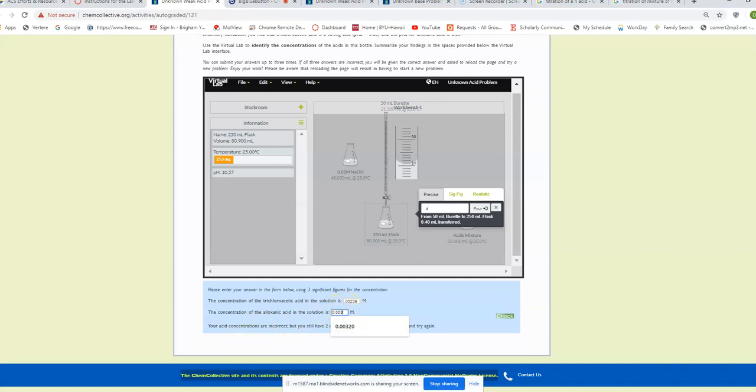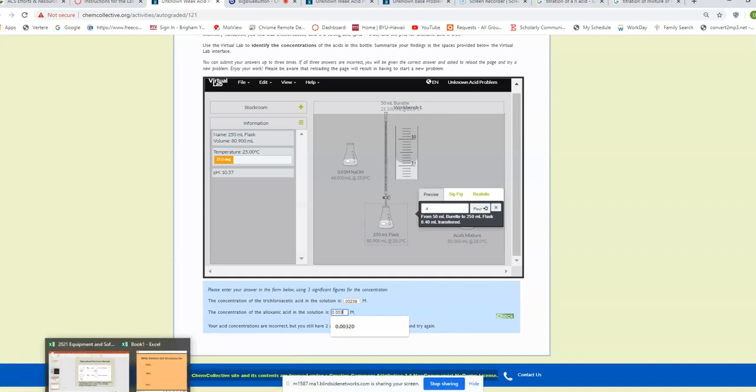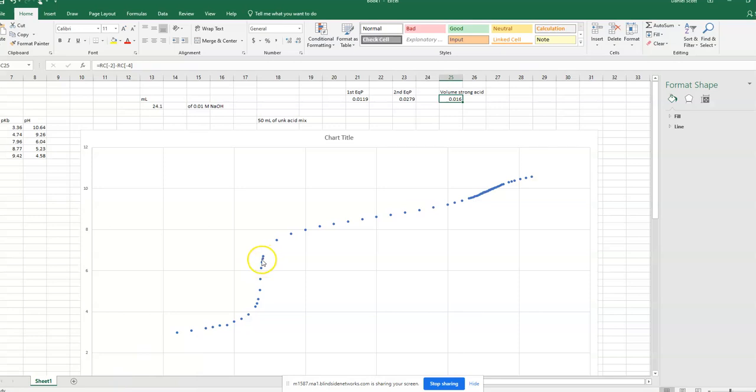If the endpoint for this one was actually like 11.95, and this would be 15.95.